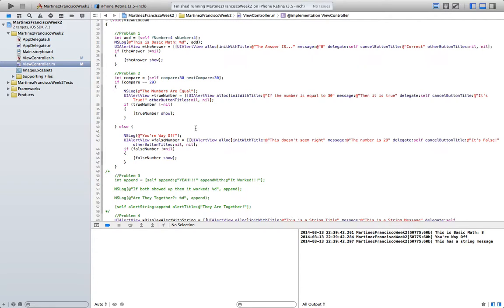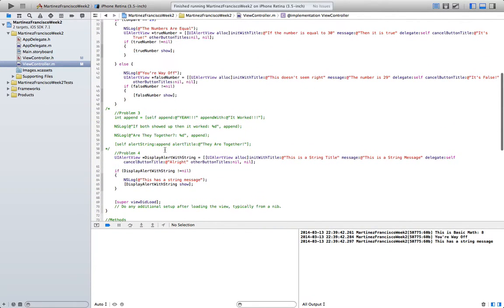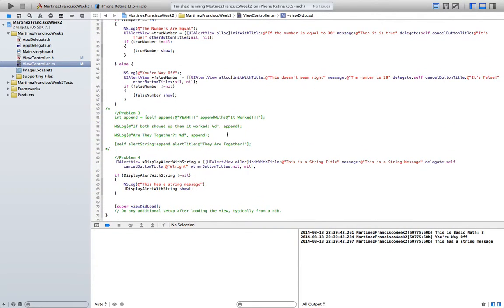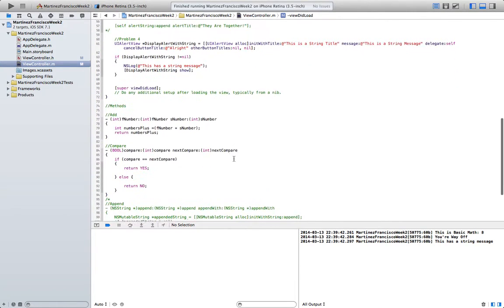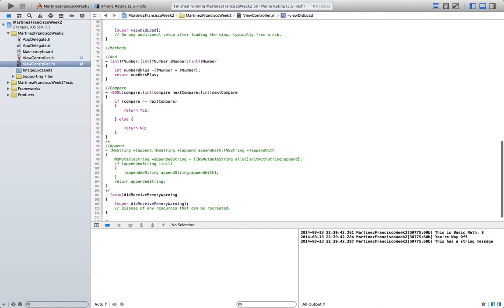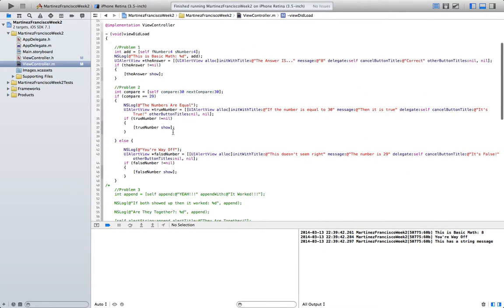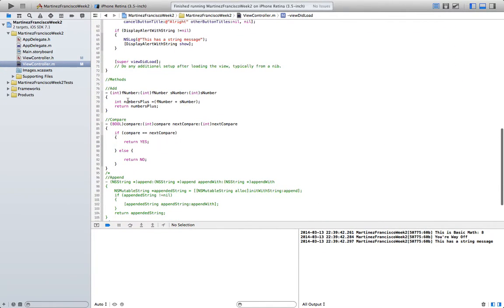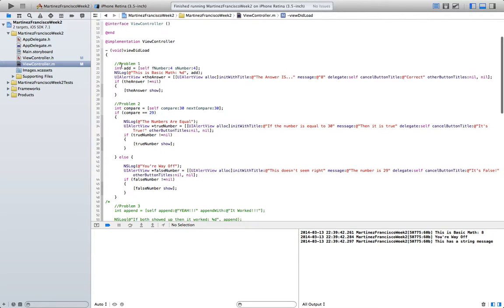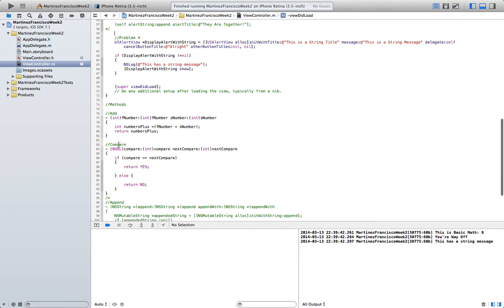So this is problem 1, problem 2, problem 3, which I will explain in a little bit, and problem 4, which is right here. And then on the bottom, I would put the methods in order of not only their problems but also their method calls. So the first part, which was the addition part, which is this one, was first, and so on and so forth.